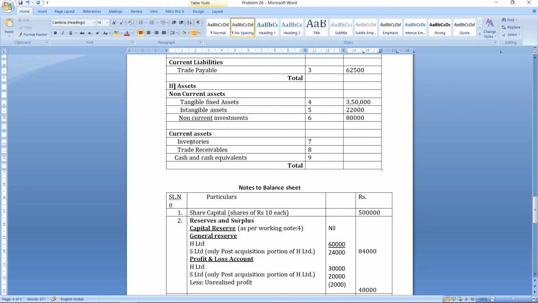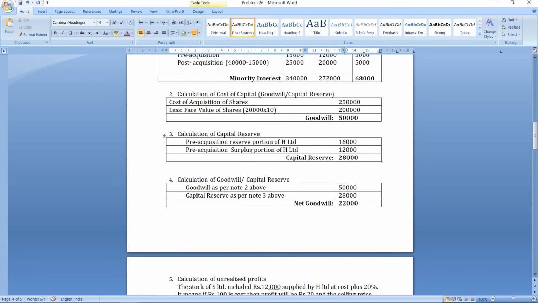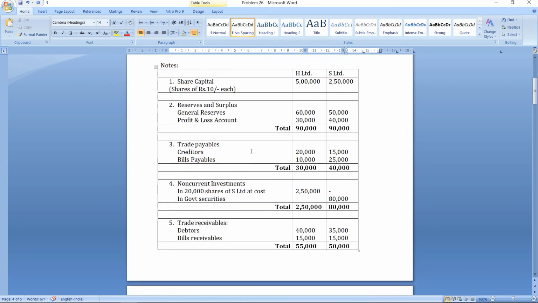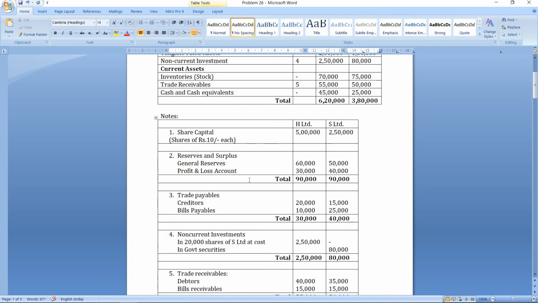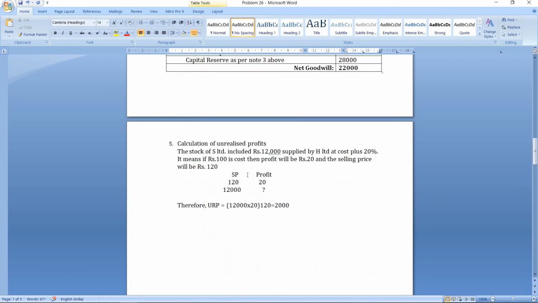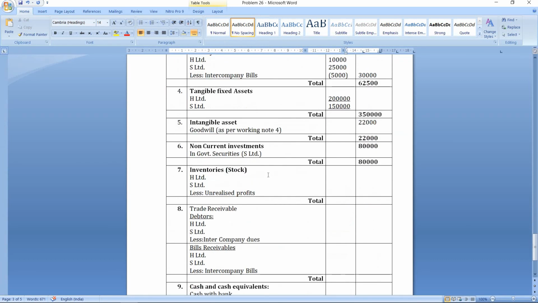Now the next item in the balance sheet is inventories, that is stock. Let's look at the stock of both the companies. Stock given is 70,000 and 75,000, and from this we have to minus the unrealized profit, which is 2,000. So let us show this in our notes to the balance sheet. Inventories of H Limited it is 70,000, and that of S Limited it is 75,000.